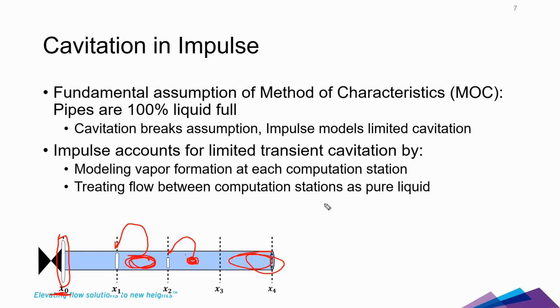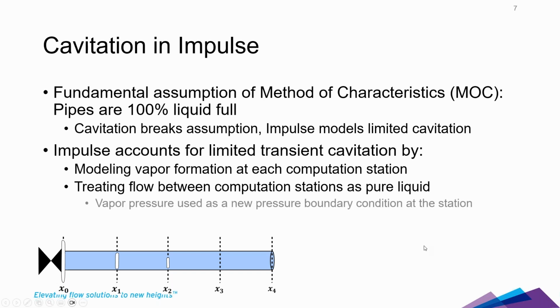So keep in mind, when you're dealing with AFT Impulse and you see cavitating behavior, those vapor volumes are local to the computation stations, but between the pipes, it's still assuming that the pipe is liquid full between the stations.